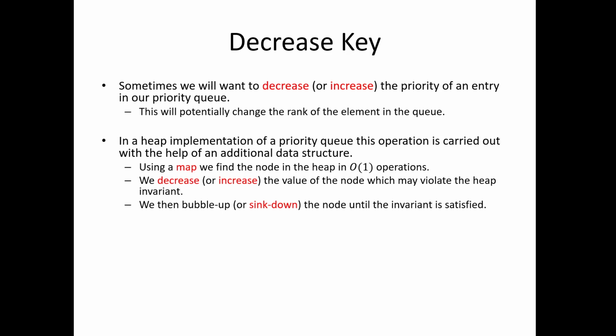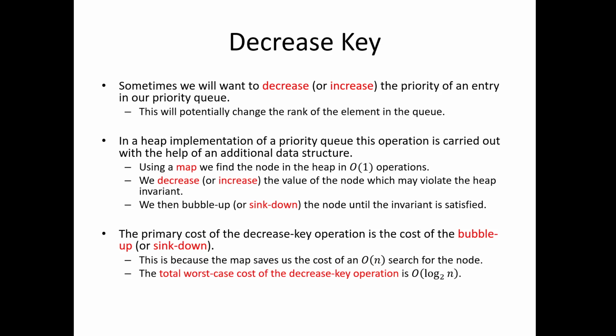Once we've found the node, then we can do the operation: decrease its value, or increase it. Sometimes we might want to increase it. And when we do that, that's going to potentially violate our heap property again. So to correct that, we're going to once again rely on a bubble up or sink down operation to correct that invariant if it is violated.